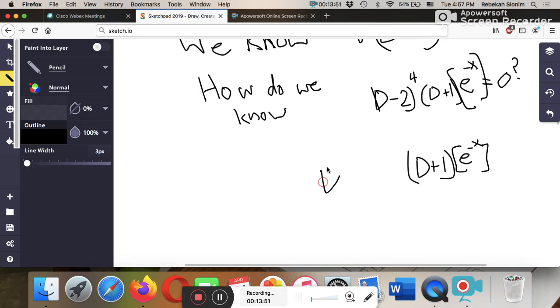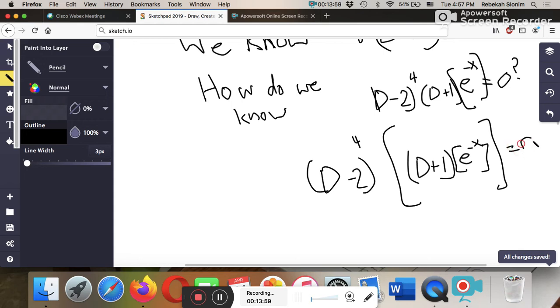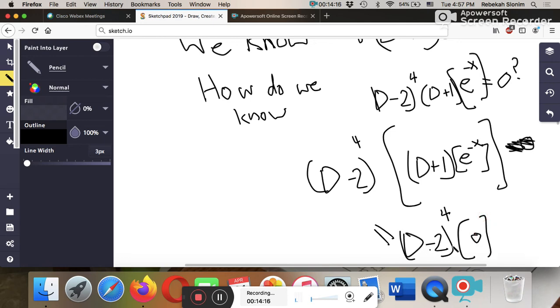And then you take d minus 2 to the 4th, and you apply it to all of that. You're going to end up with just a linear operator d minus 2 to the 4th applied to 0. So here, I haven't shown that it's 0 yet. It's d minus 2 to the 4th applied to 0. And what's the derivative of 0? 0.